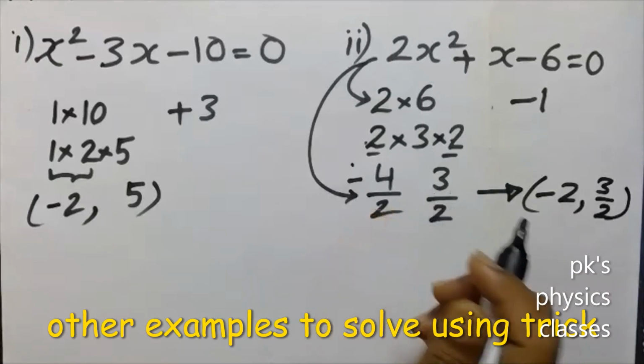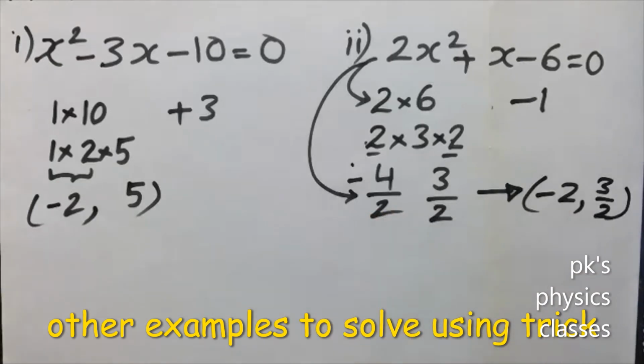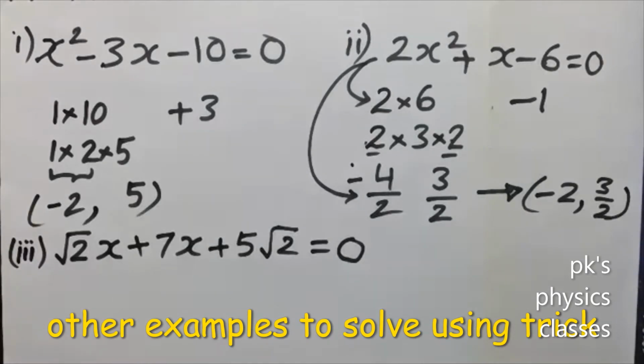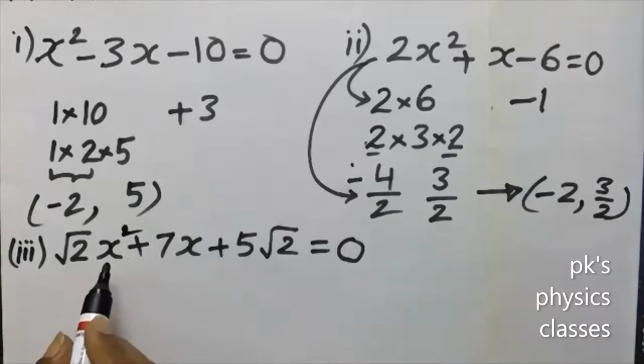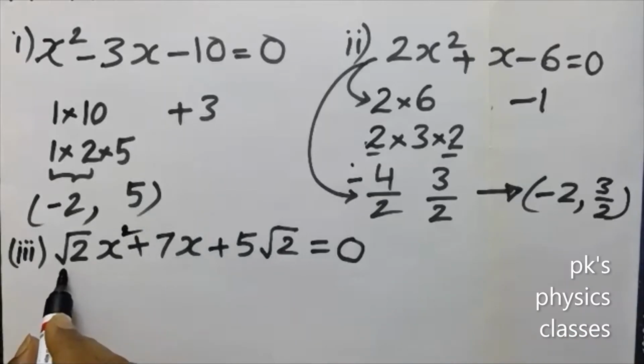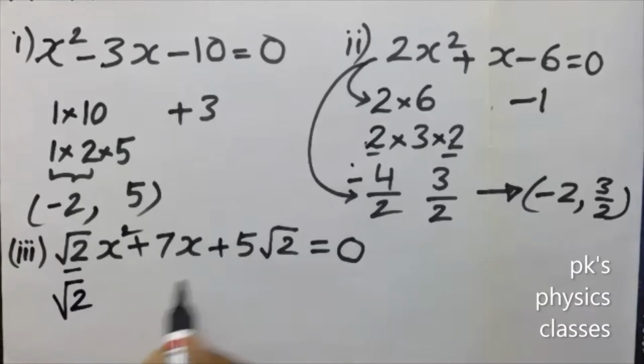And let us go with a few other examples quickly. See here, there is one more example: √2x² + 7x + 5√2 = 0. Here remember, x², the multiple is √2, and here 5√2.